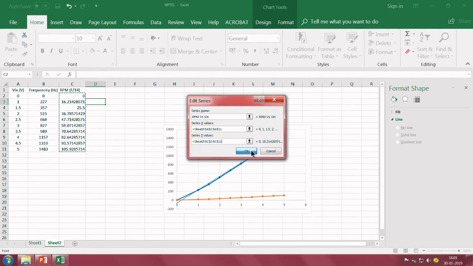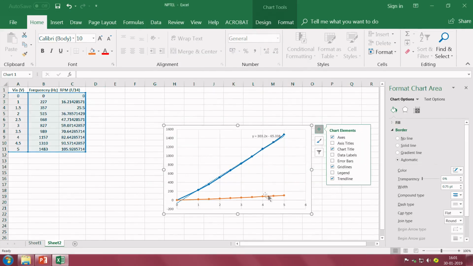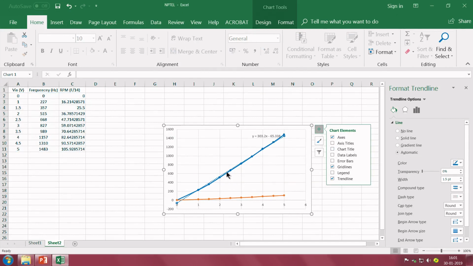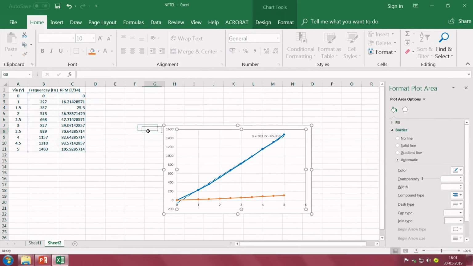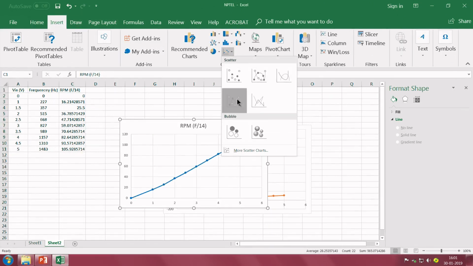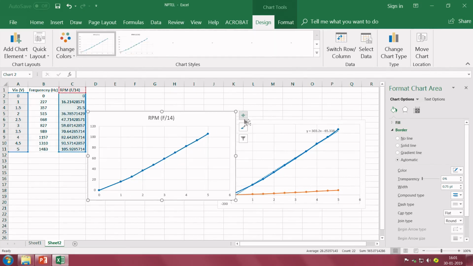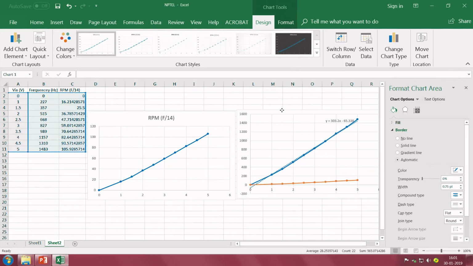Now when I see the graph, I do not know because these magnitudes are really higher. So I will take another chart and plot it on that. This versus this I want. I will go to insert, new chart, yes. So this is the RPM chart as well as this is the frequency chart.